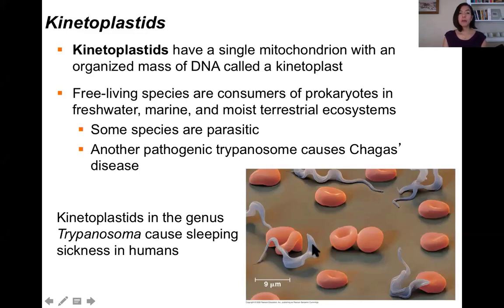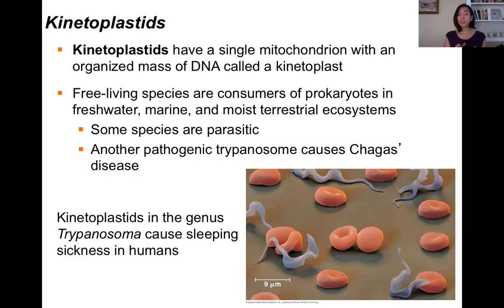These are examples of some parasitic kinetoplastids. They belong to the Trypanosoma genus. One of them can cause Chagas disease, and the other one is the one causing sleeping sickness. In this case, the vector is the tsetse fly, and that's Trypanosoma brucei.